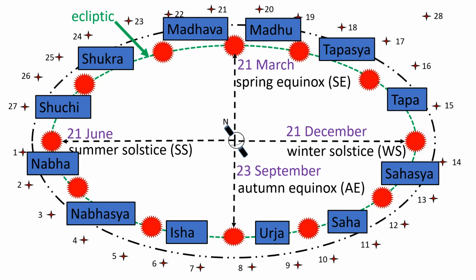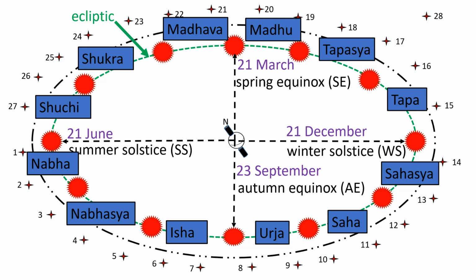Recall that we said in the previous modules that the duration required for the sun to travel through 30 degrees of angular distance along the ecliptic as seen from the Earth may take anywhere from 29 days to 32 days.